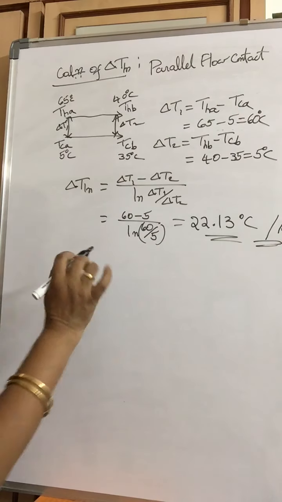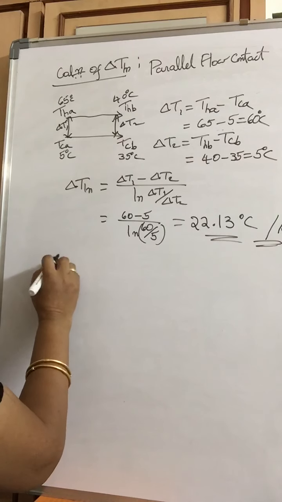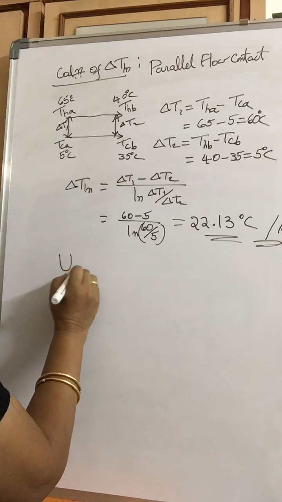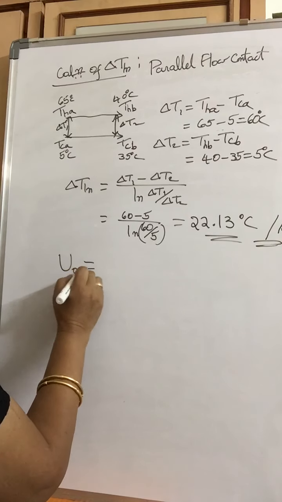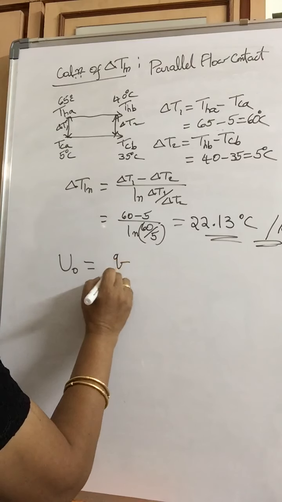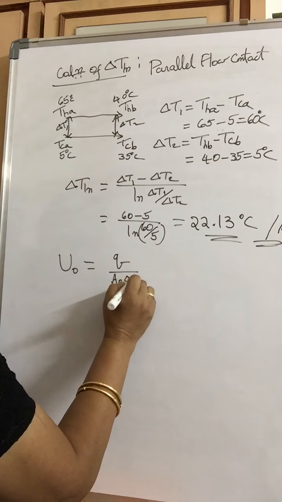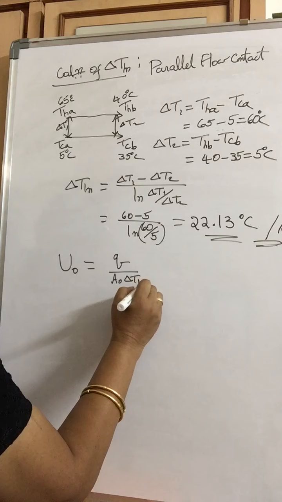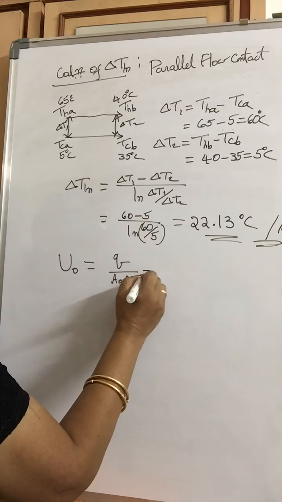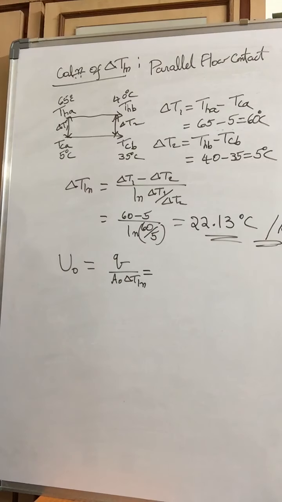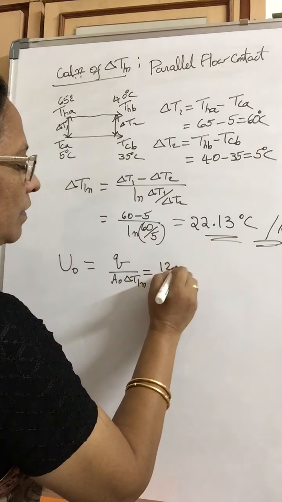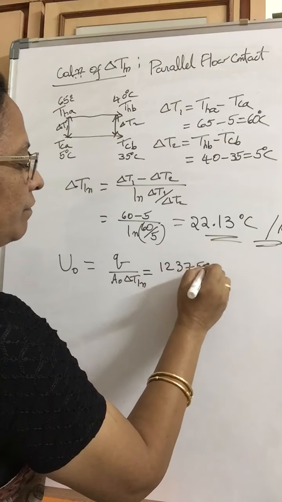Now we have all the required values. So calculate U naught. Q is equal to U A delta T ln. So Q by A naught delta T ln. Okay. What is the Q value? 1,237,500.